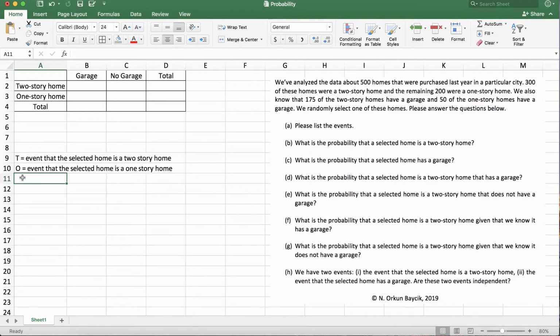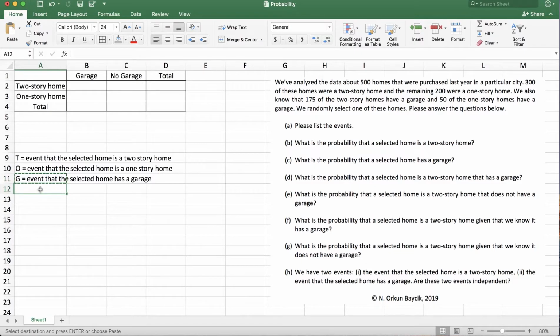And we also have some data about the home having a garage or not, right? So I'm going to define this other event, G, the event that the selected home has a garage. Okay?